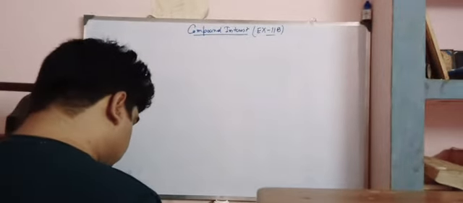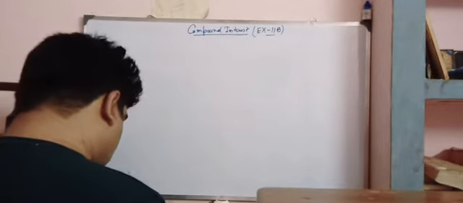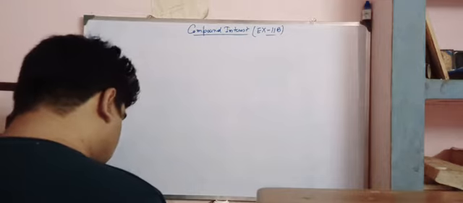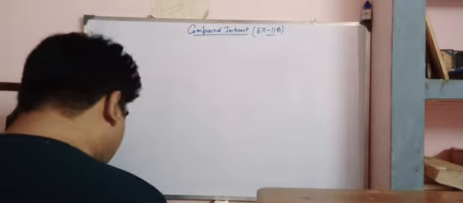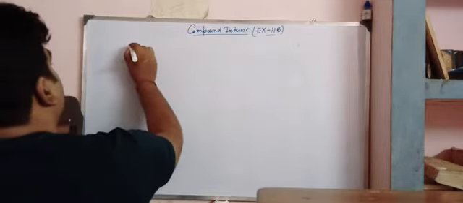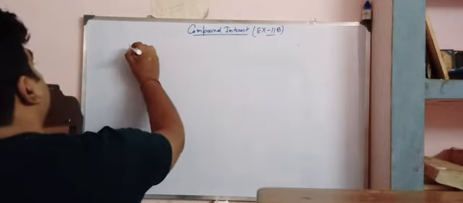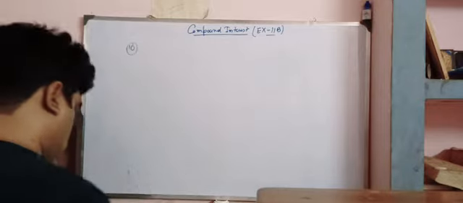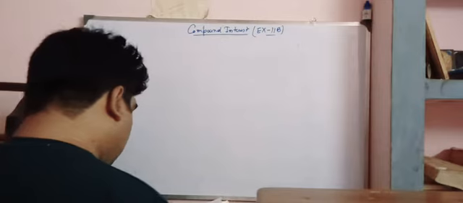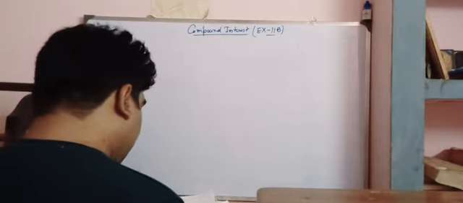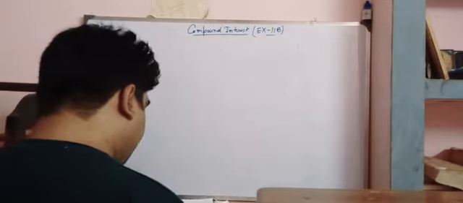One more question is given here. Question number 10. Subhalakshmi took a loan of rupees 18,000 from Surya Finance and purchased a TV set.